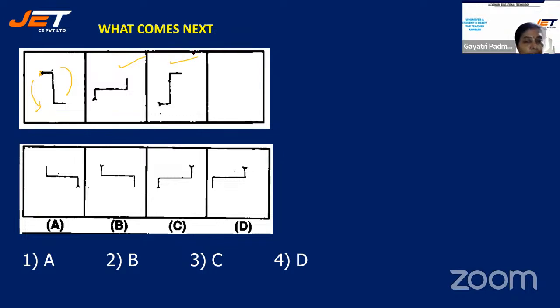So with still more further tilting, what happens? You arrive at option D. So how do you arrive at option D? So now this has to move only towards up. Let's check the answer. Yes. So option D is the correct answer.